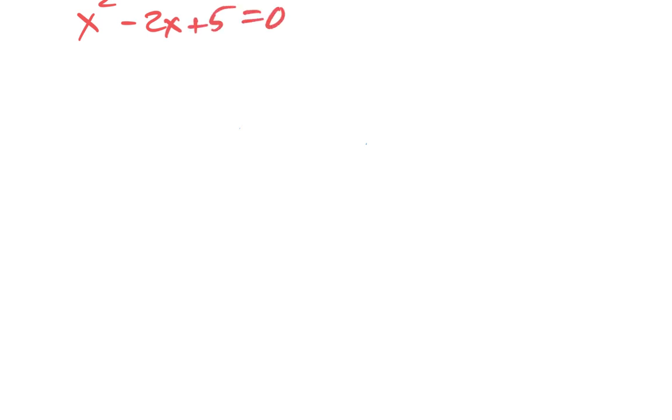Make sure that our equation's set to 0. So what did we say? A was 1, B was negative 2, C was 5. So we'll find the discriminant first, because that's what they asked for.